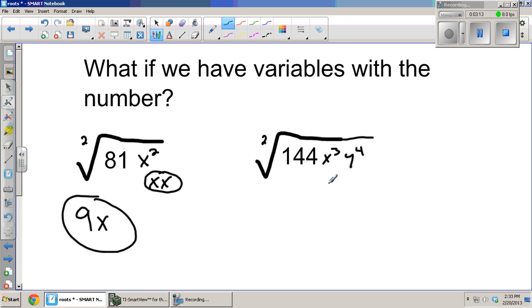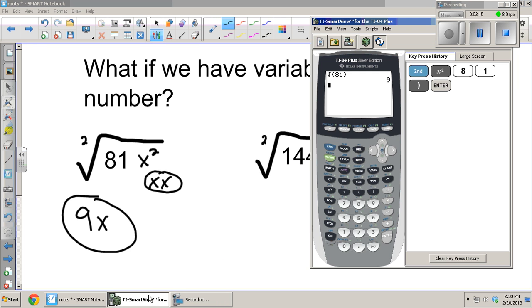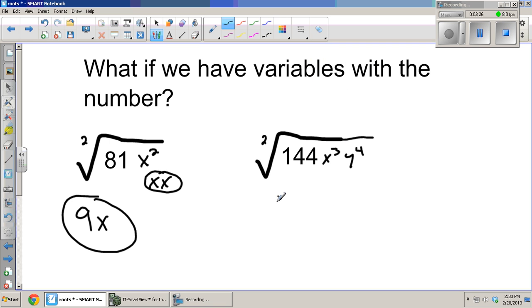Alright, how about this one? Square root of 144. Alright, second, 144, close, enter, is 12. So here I have 12. Now if I list out these x's, I have 1, 2, 3 x's. I have 4 y's, 1, 2, 3, 4. I'm looking for groups of 2.